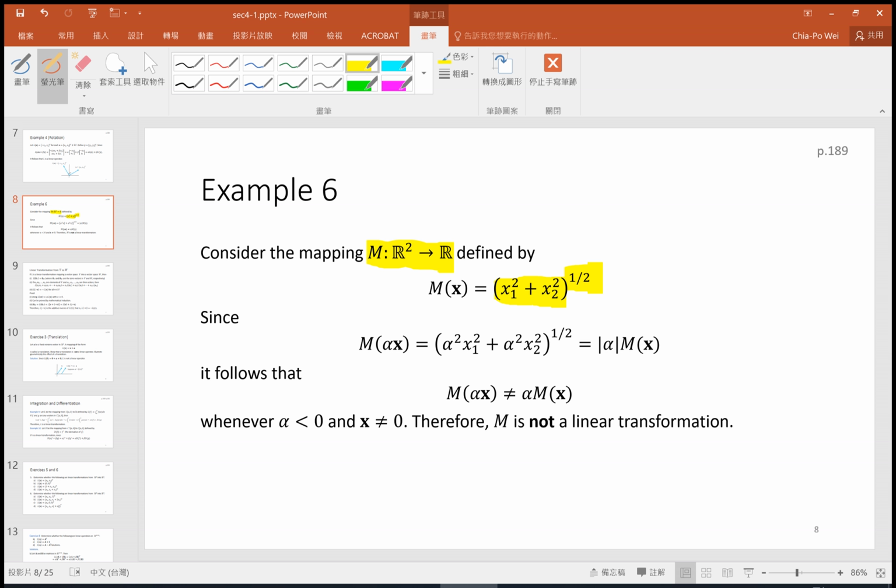To this end, we consider M(αx), which is the square root of the sum of α squared x1 squared and α squared x2 squared. If we take α outside the square root, then M(αx) can be written as the absolute value of α times M(x).